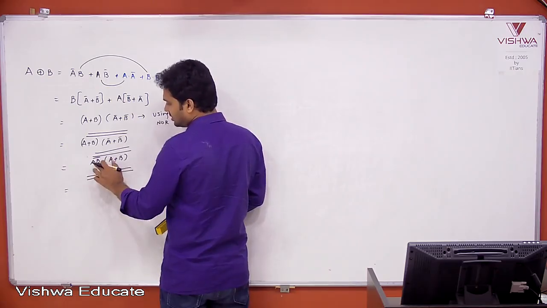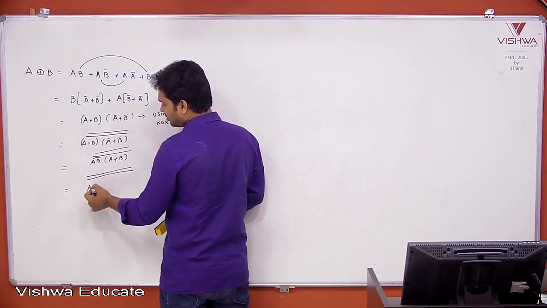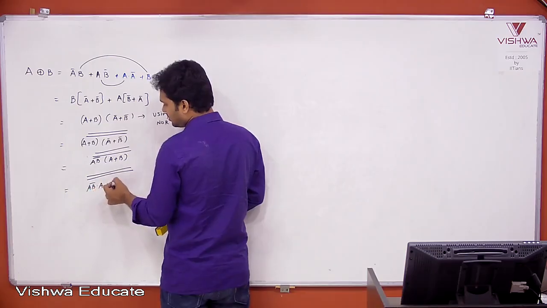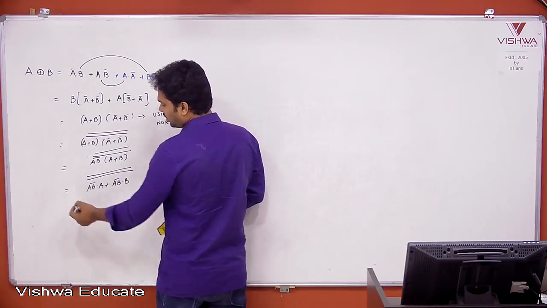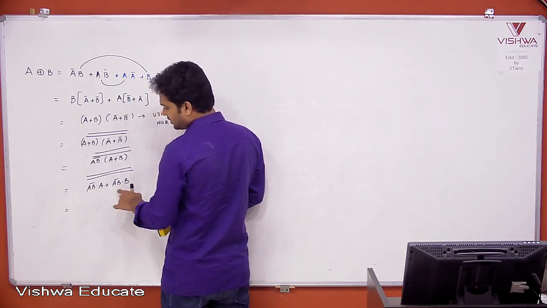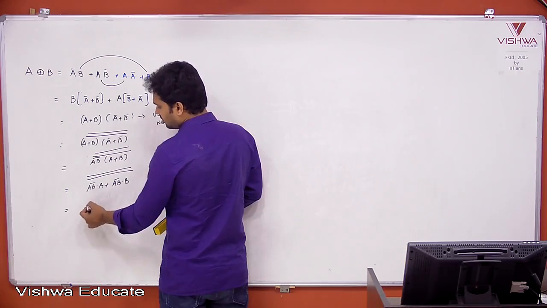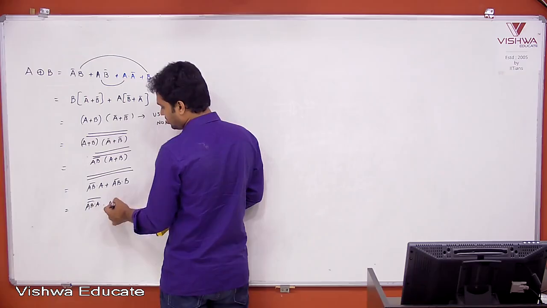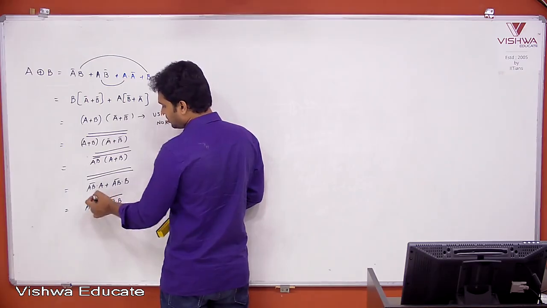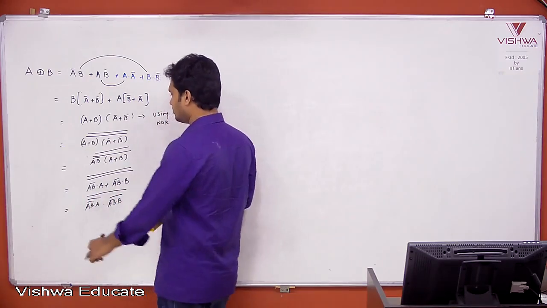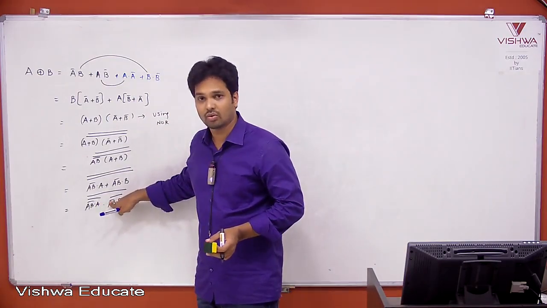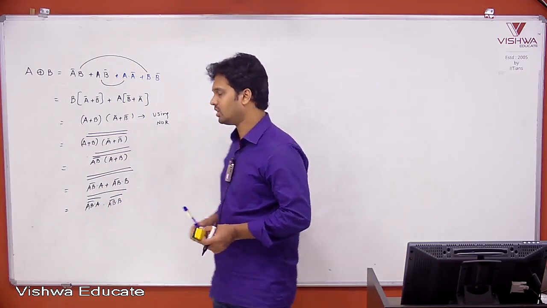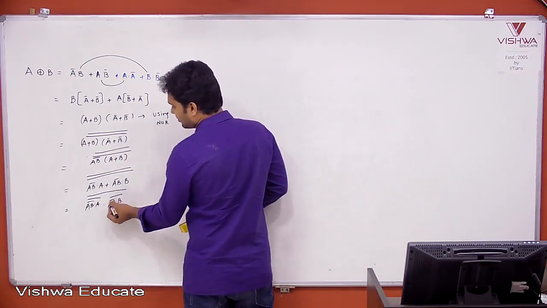Take this double bar as it is: AB bar into A plus AB bar into B. Now De Morgan's property, X plus Y whole bar: AB bar into A whole bar into AB bar into B whole bar. Now I am seeing only dots here, no pluses, yes or no? Now see here, how many gates are required?